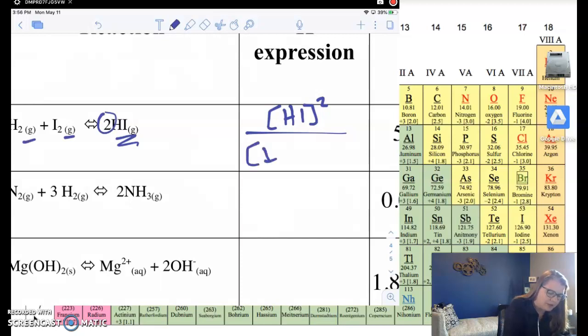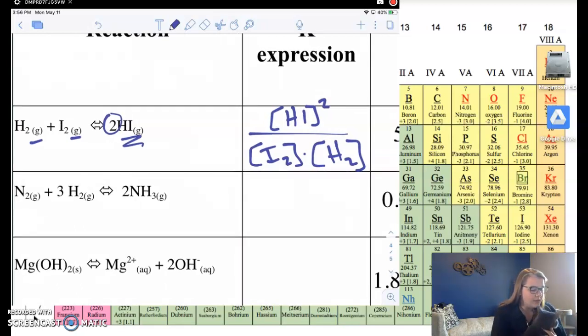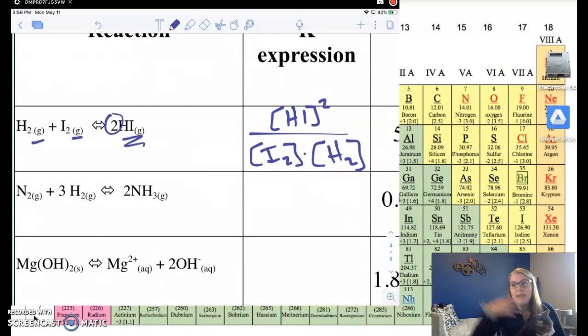So my concentration of I2 times my concentration of H2. So this would be my K expression. Basically, this is your basic formula for this particular reaction. If you actually did it, you would measure the concentrations of HI, I2, and H2, then plug in the numbers and get an answer.